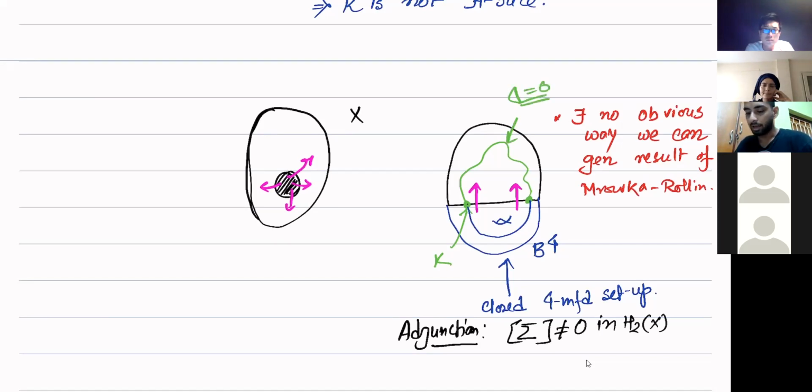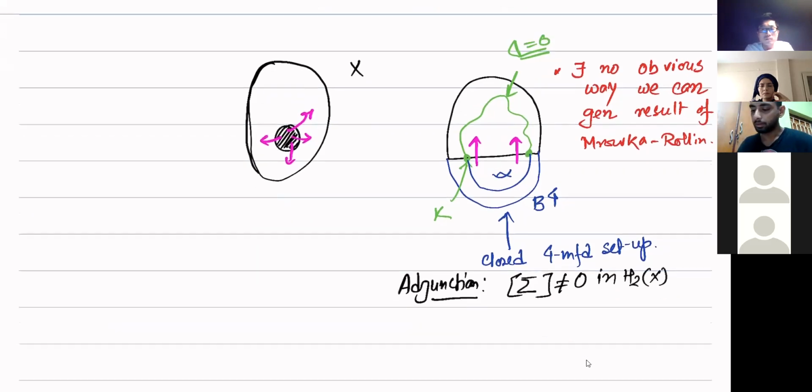And since I am capping off inside B4, this extra surface is also homologically trivial. So this whole embedded surface becomes homologically trivial, and this condition is not satisfied. So as you can see, all the known techniques we had previously fail to detect H sliceness in this setup, in a 4-manifold with boundary S3. Okay.